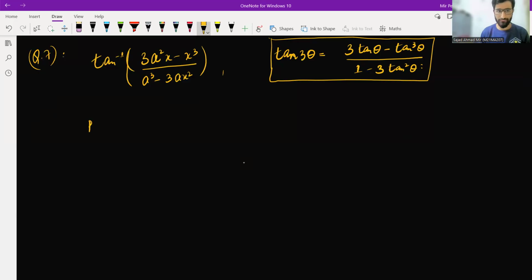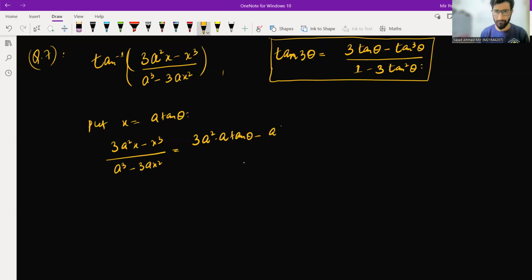So let's put x is equal to a tan theta. Then 3a square x minus x cube divided by a cube minus 3a x square will be equal to 3a square into a tan theta minus a tan theta cube, here we have a cube, here we have a cube, and whole thing a cube minus 3a into a square tan square theta.